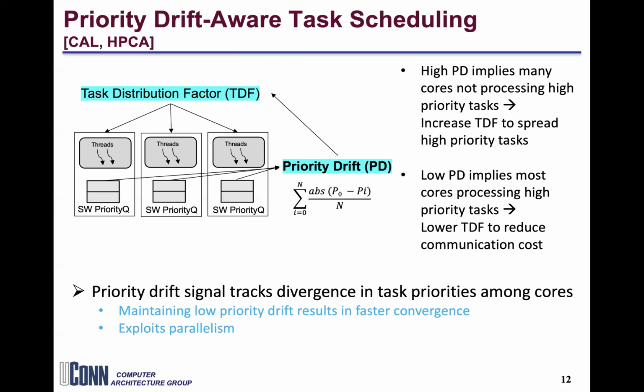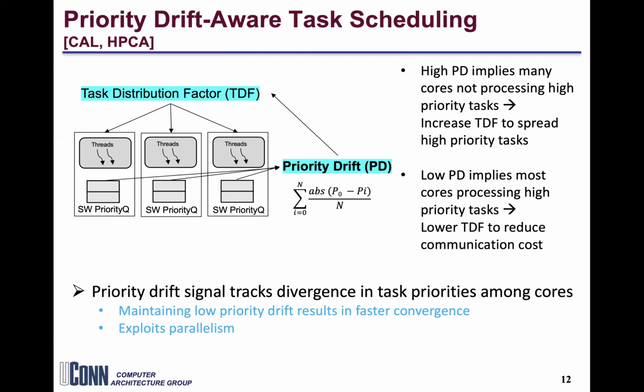If the drift increases, that implies you have very high priority tasks running in the system, so let's start distributing them more aggressively. But if your drift decreases, there's no point distributing these tasks; you're already operating with less drift. Lower the distribution factor, don't distribute these tasks, and save on communication costs.